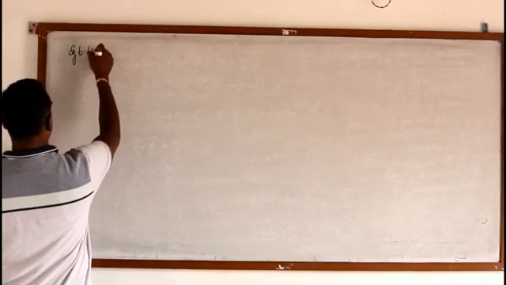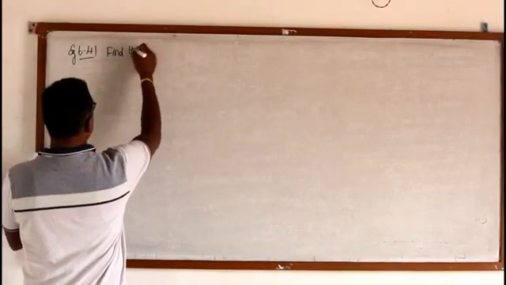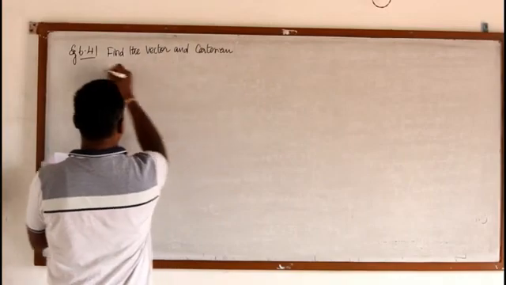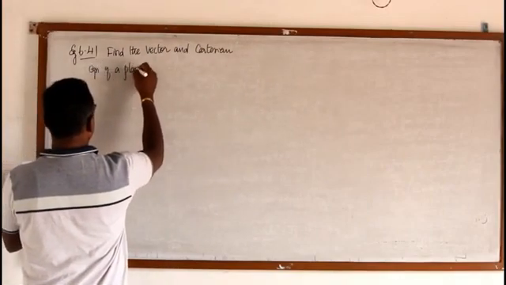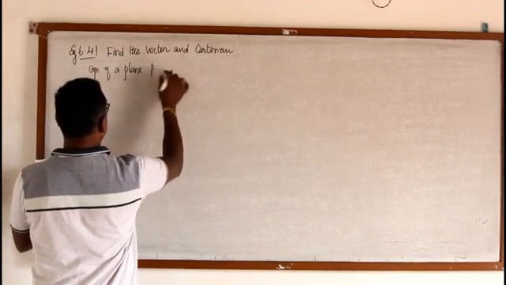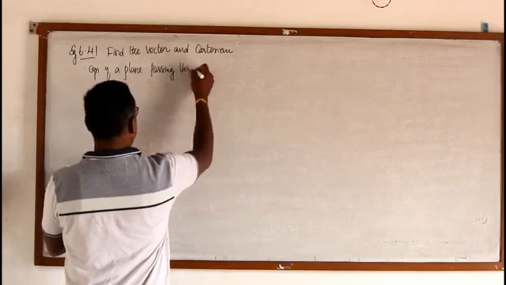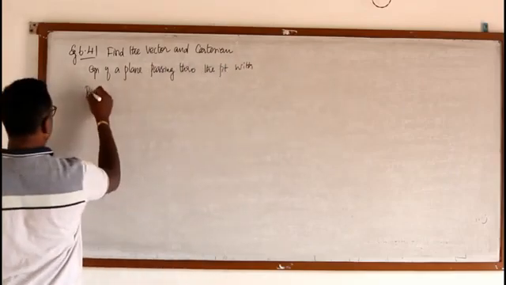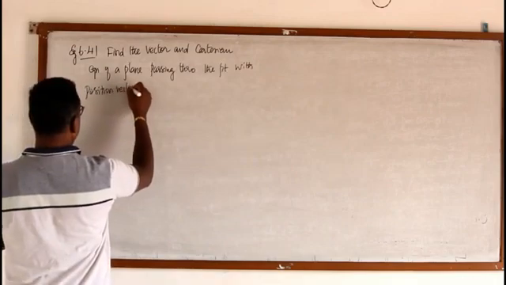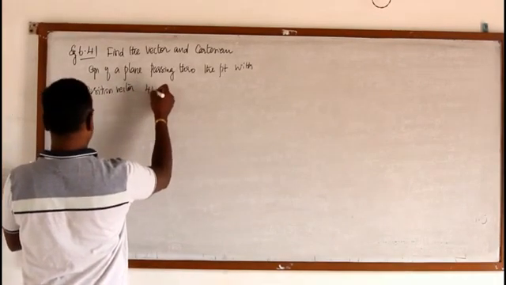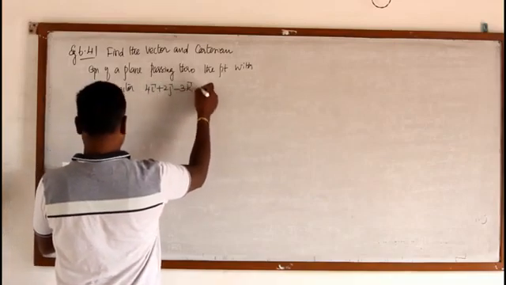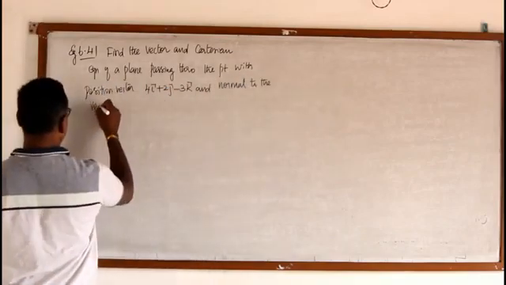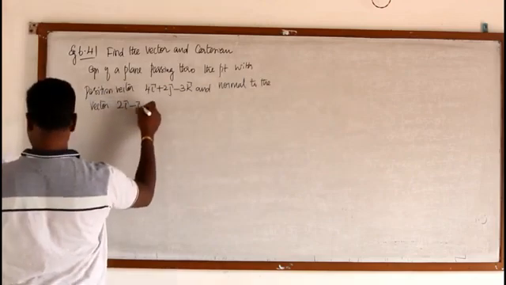Now example 6.41. Find the vector and the Cartesian equation of a plane passing through the point with the position vector 4i plus 2j minus 3k and normal to the vector 2i minus j plus k.